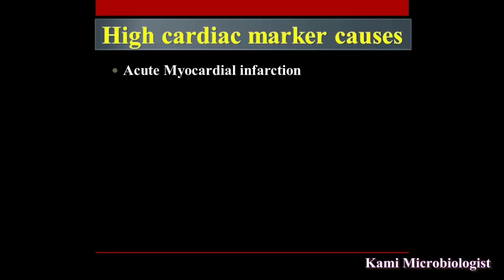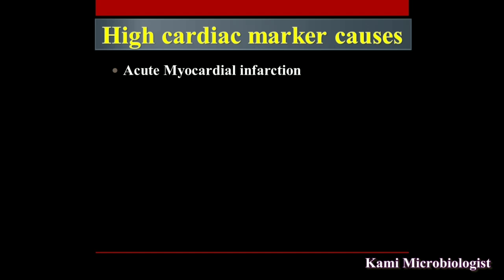Then we have the main causes of high cardiac markers. Remember guys, the cardiac markers which we have already talked about should be low, not higher. There are some cardiac markers like SGOT and LDH where, if they get low, there will be a problem, but for most cardiac markers, they should not be higher than their normal range. If the cardiac markers get high, what are the main conditions?